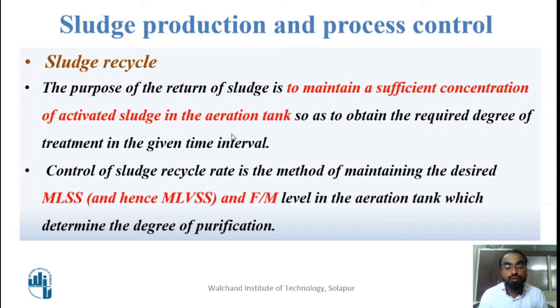And to control the sludge recycle rate, we have to maintain a lot of things, that is SVI, the sludge volume index. So for that we have to know the important points to maintain in the biological reactor. Mostly the sludge recycle rate is focused on maintaining two things. One is MLSS, that is indirectly MLVSS, and the second is the F/M ratio in the aeration tank, of course.